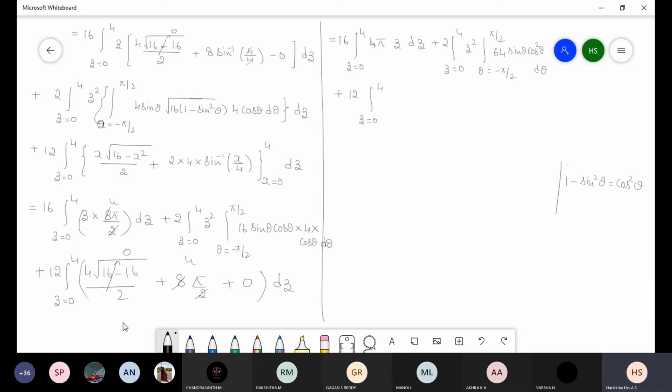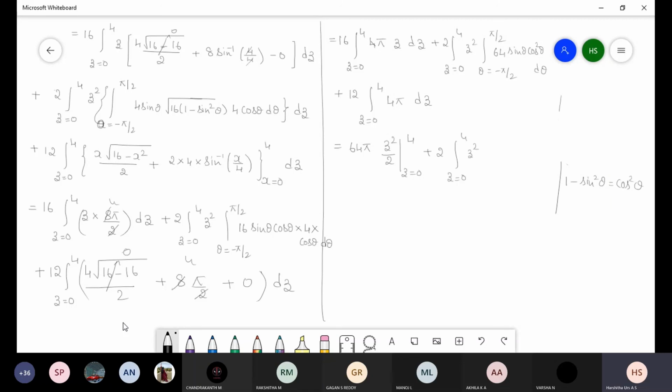Here also 2 ones are 2, 2 fours are 8. So 4 pi into dz. So here 16 fours are 64 pi. I will write outside. Z integration is z square by 2. So limit varies from 0 to 4 plus 2 into z is equal to 0 to 4 z square.